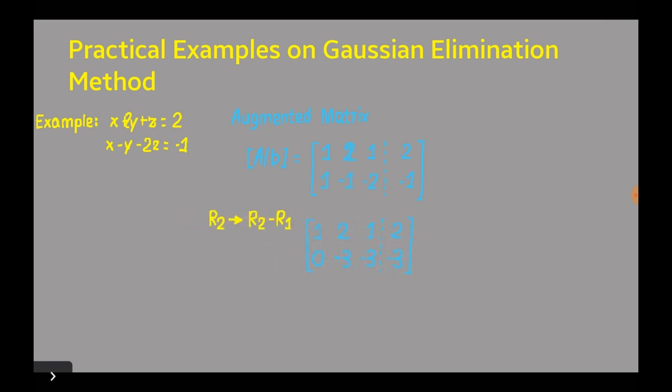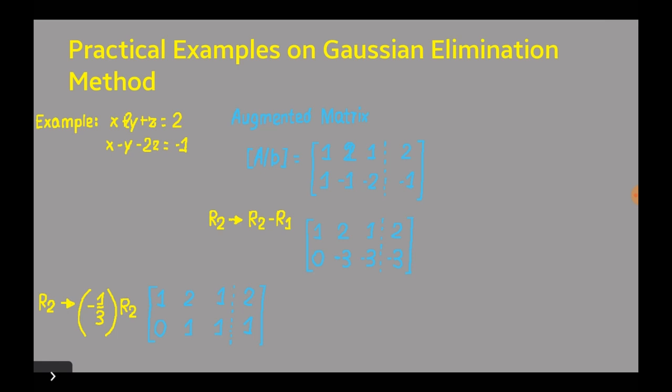Then row 2 must be subtracted by row 1. Row 1 stays 1, 2, 1, 2, and row 2 becomes 0, minus 3, minus 3, minus 3.